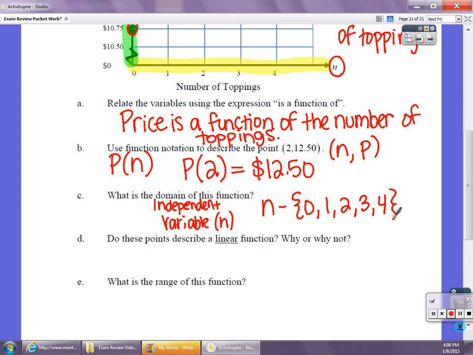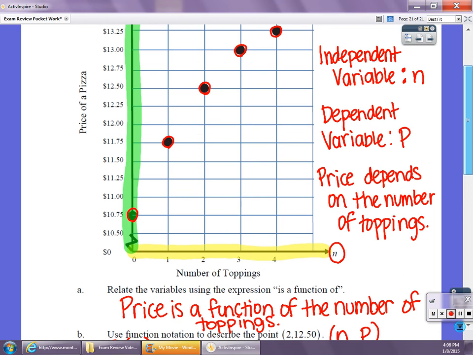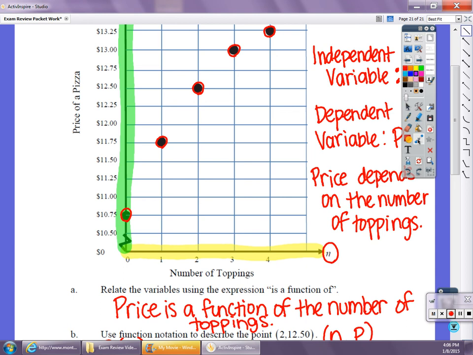All right, do these points describe a linear function? Why or why not? Well, a linear function is a line, and if I tried to put a line through these points, it's not going to be a straight line. There's no straight line that's going to hit all of those points. So this is, in fact, not a linear function.